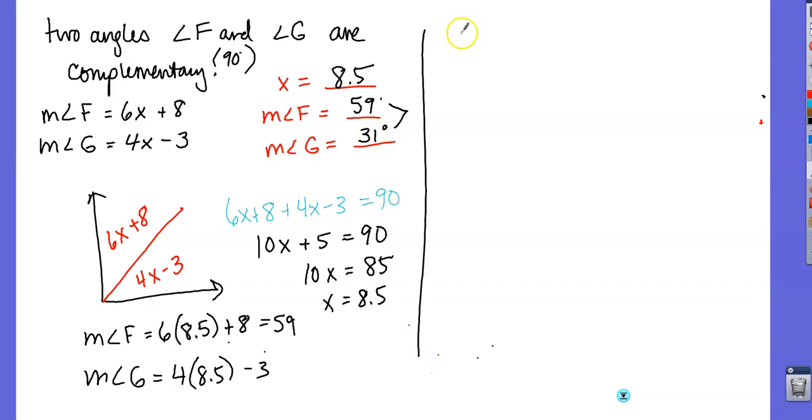Okay. So then the same thing could be true for supplementary. So maybe I might say, angle H and angle J are supplementary.